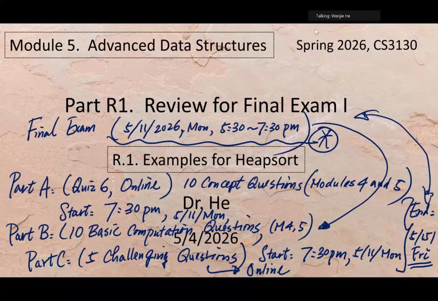You cannot use online tools to find the answers. So only calculators and our class materials. When you use your laptop, you can only use calculators and our course materials.